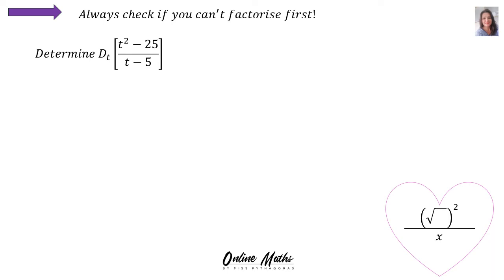And then you can factorize that and write it as t minus 5, t plus 5. Then in your next step, the t minus 5 and the t minus 5 can cancel. And then the only thing that's left for you to differentiate is t plus 5.